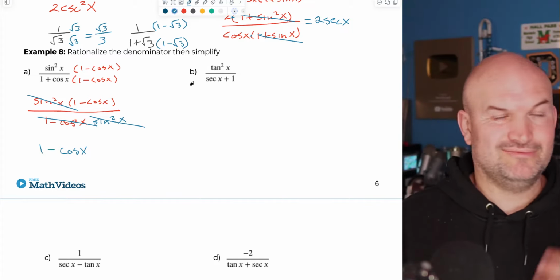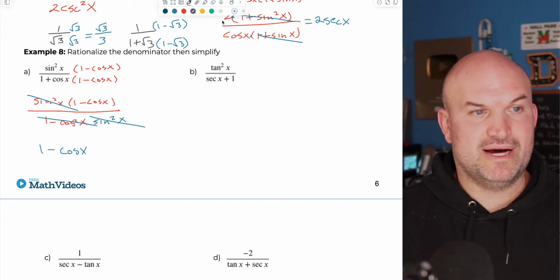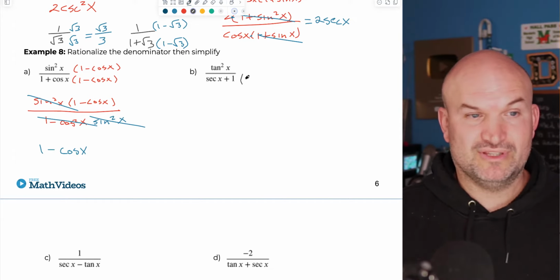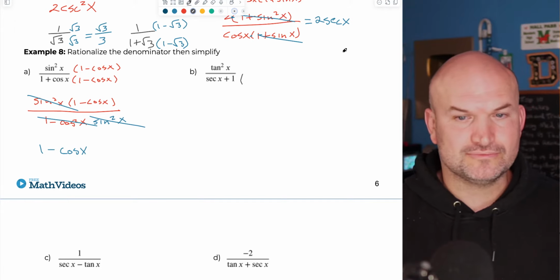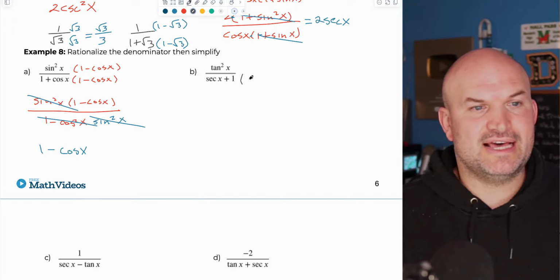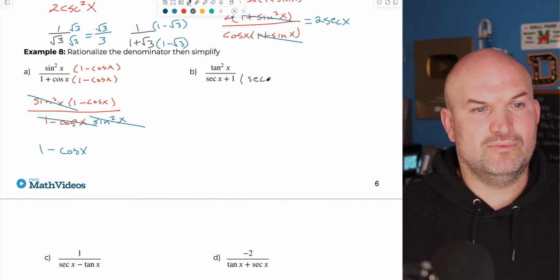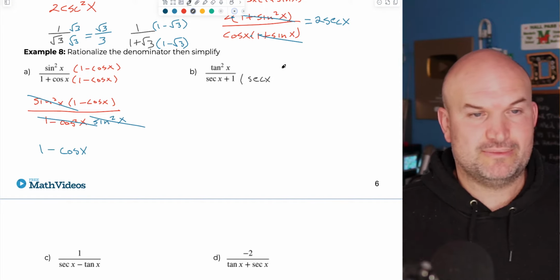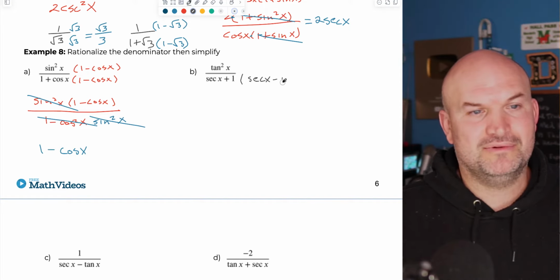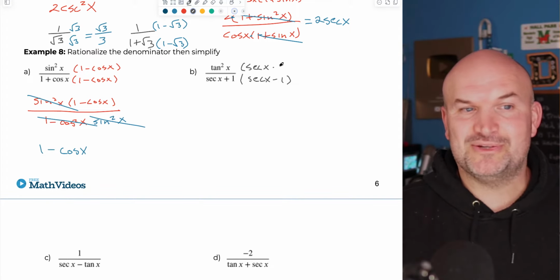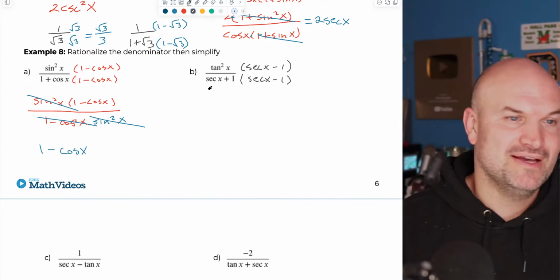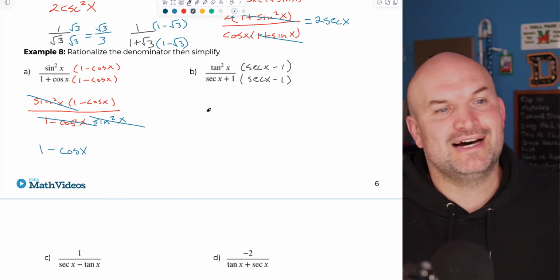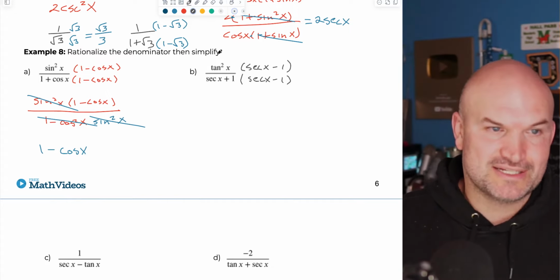All right, the next one, same exact thing. Think about multiplying by your conjugate. What's the conjugate in this case? Now my brain is starting to go. This would be a long lesson inside the classroom, but you guys are getting the benefit of the full lesson. So I'm going to multiply by secant of x plus 1.